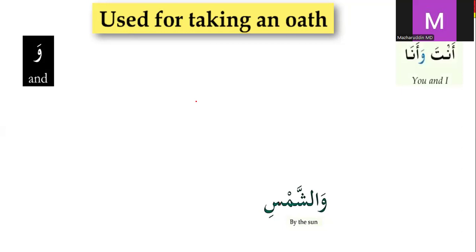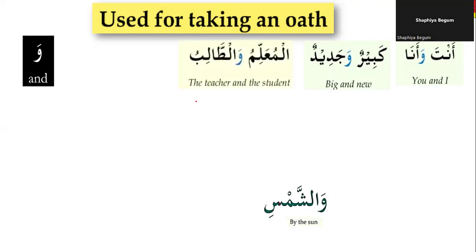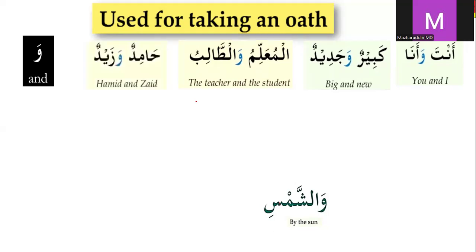So you can see here, anta wa ana, you and I. Kabirun wa jadidun, big and new. Al-muallimu wa talibu, the teacher and the student. Hamidun wa Zaidun, Hamid and Zaid.